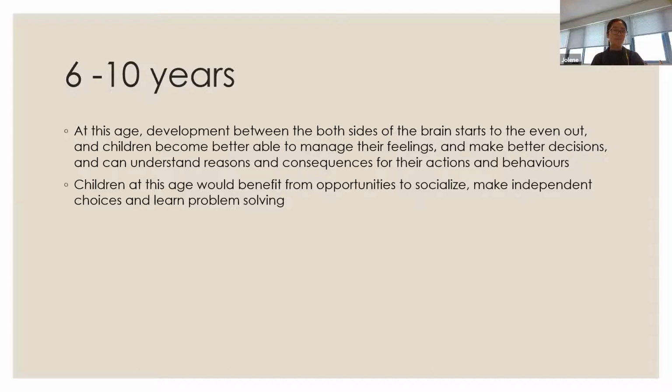For example, they come to you because they've had a fight with their sibling around sharing toys. You walk them through it: yes, I know you're feeling upset because your sibling has taken your toy. What do you think we could do? And let them come up with solutions. At the 6-year mark, they may still require you to give them options.